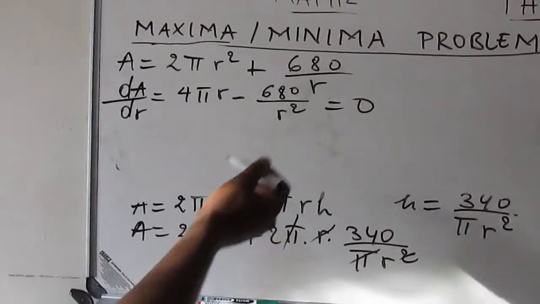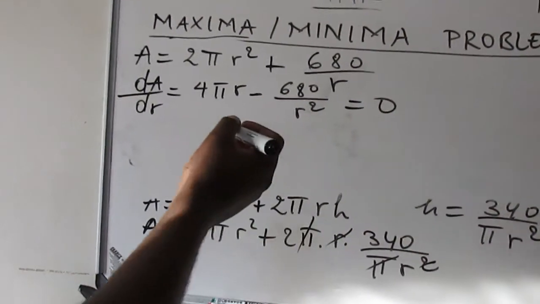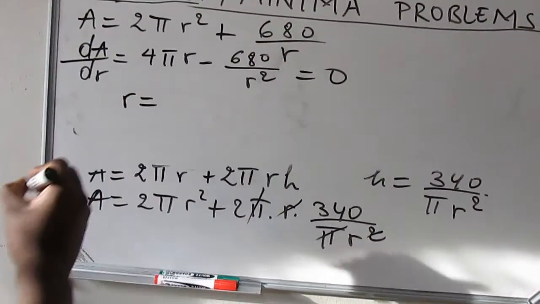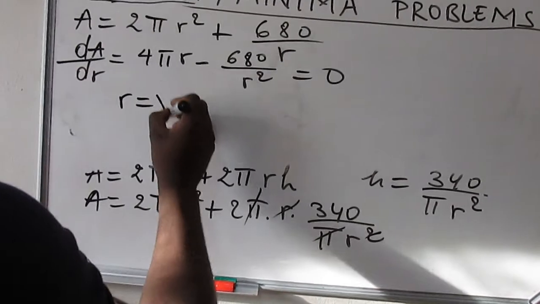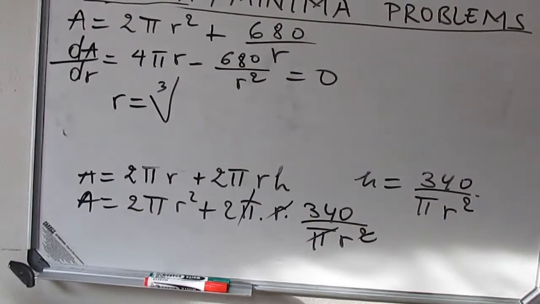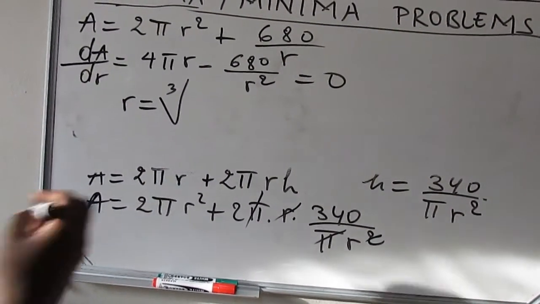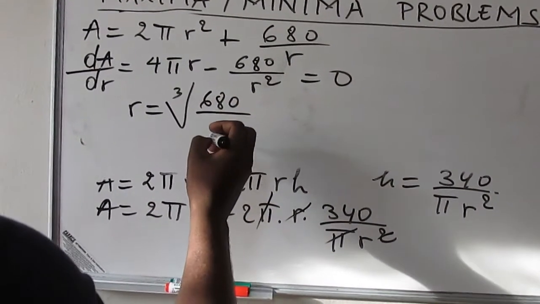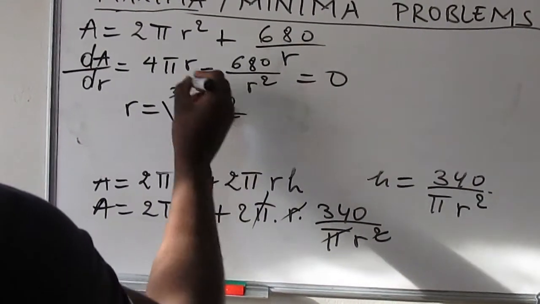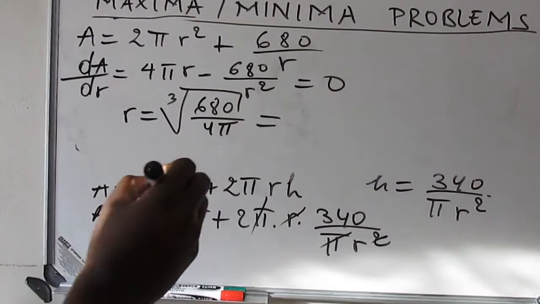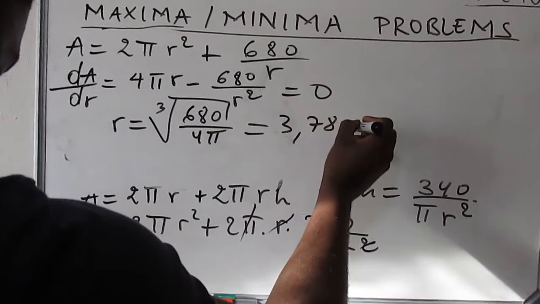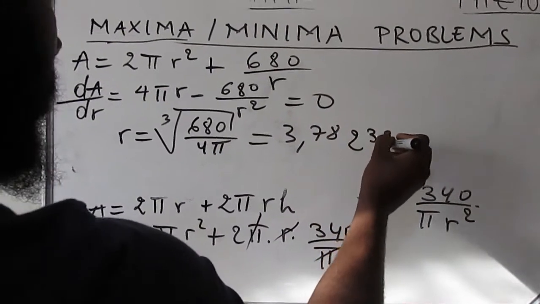So after doing all the calculation, you will find out that r is equal to the cube root of 680 over 4 pi, and your answer should be 3.78239 millimeters.